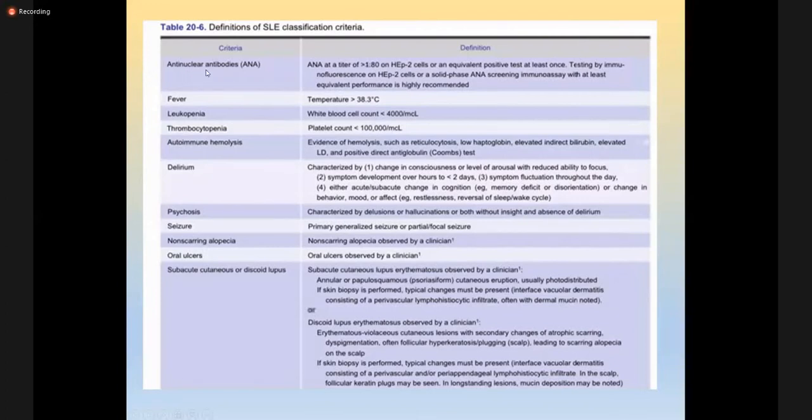ANA, as I briefly mentioned in the very early slide, is an antibody which you usually get in a patient whom we suspect might have SLE. Fever should be present when it is more than 38.3 degrees C. Leukopenia we will mention when the white blood cell count in the complete blood picture is less than 4,000.